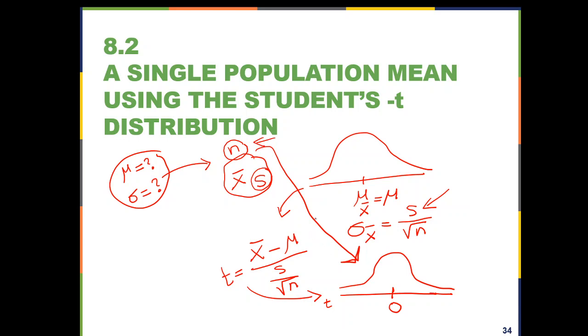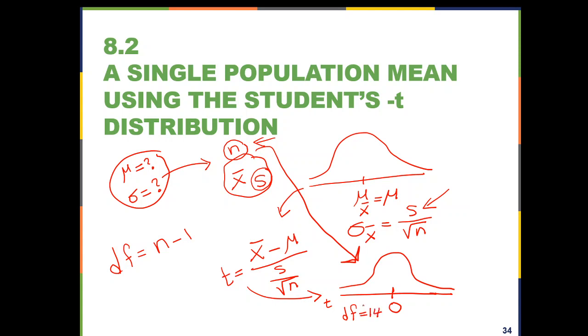So instead of talking about the standard deviation here, we talk about something called degrees of freedom, which is sample size minus 1. So if you take a sample size of 15, then 15 minus 1 is 14, then we're going to have a t distribution with degrees of freedom of 14.